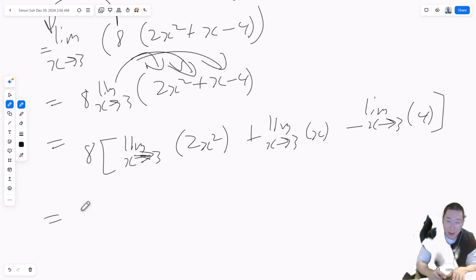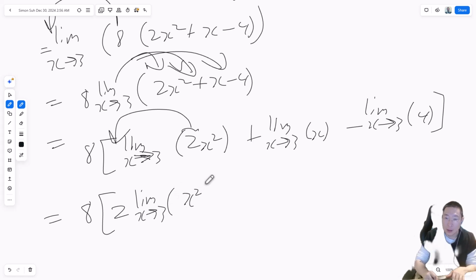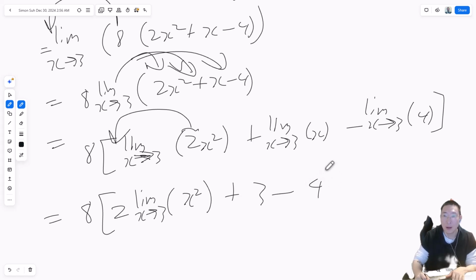And then we have 8 times, and we can again use the constant law to take this 2 outside of the limit, so that becomes 2 times the limit as x approaches 3 of x squared, plus the limit as x approaches 3 of x, which is equal to just 3. And then as x approaches 3, the constant just remains a constant, so we have minus 4.